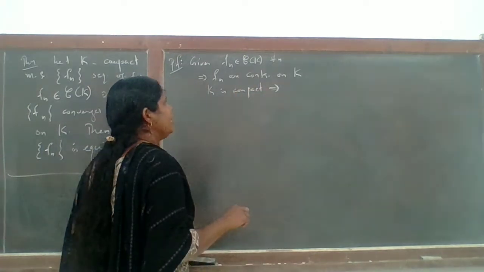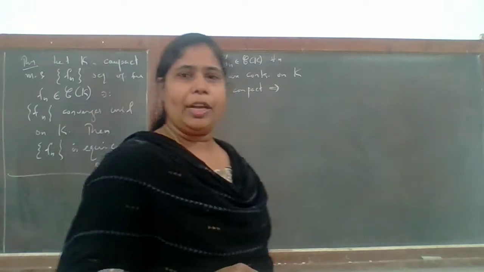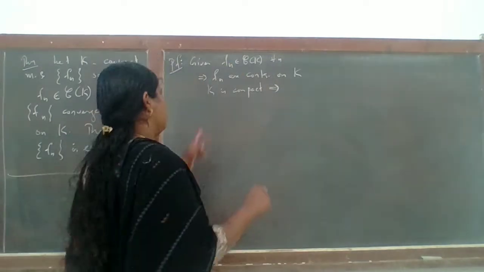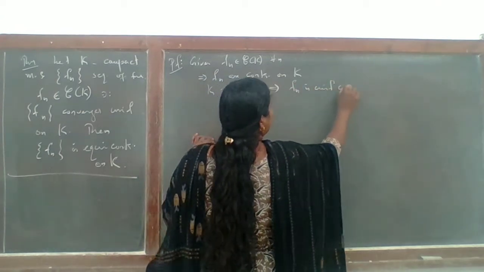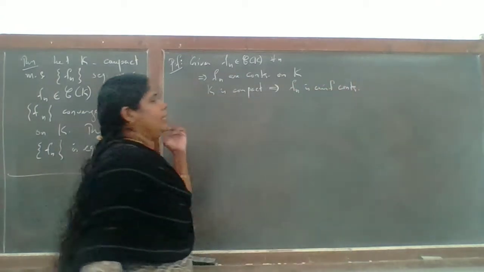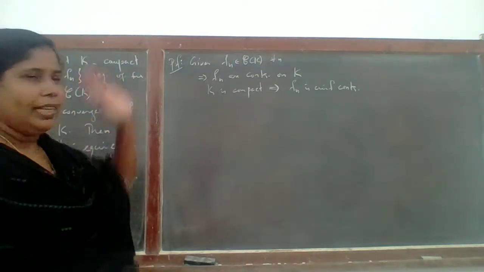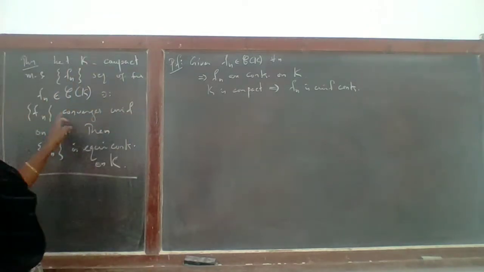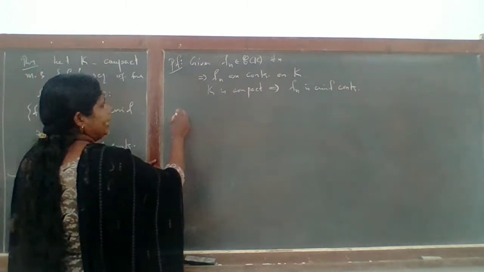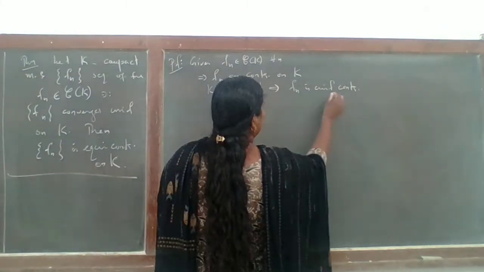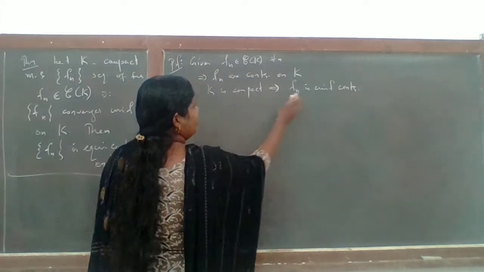Every continuous function on a compact set is uniformly continuous. So every Fn is uniformly continuous. This is one fact we can extract from the given. Now another thing given is that this sequence converges uniformly. This is the second fact.